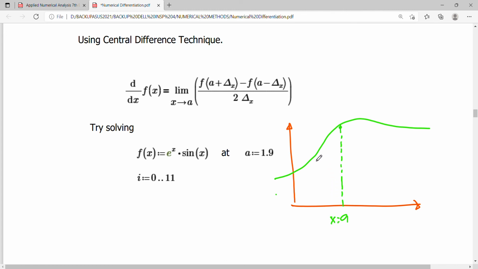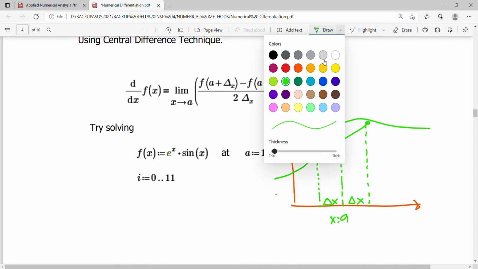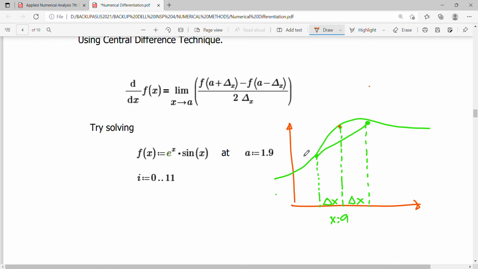So what the central difference technique did is to use the forward and the backward difference, and make use of this as your approximation. As both delta x approach 0, of course it will converge here at the middle, and therefore your slope, your derivative here will actually be represented by this initially.